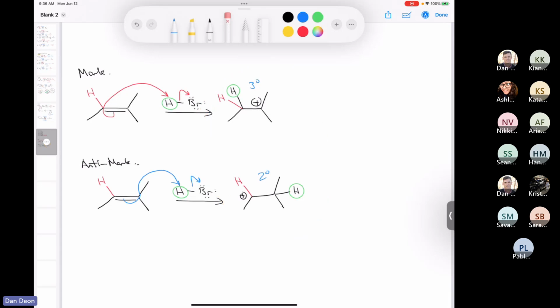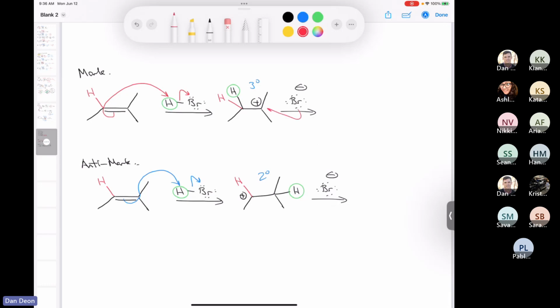Now, if you're wondering, why don't you finish the mechanism? Well, I will. But the second step, all it is that bromide is going to come in as a nucleophile and attack the carbocation, and that's the end. So we get, oops, where's my black pen? No, I'll use my red pen.